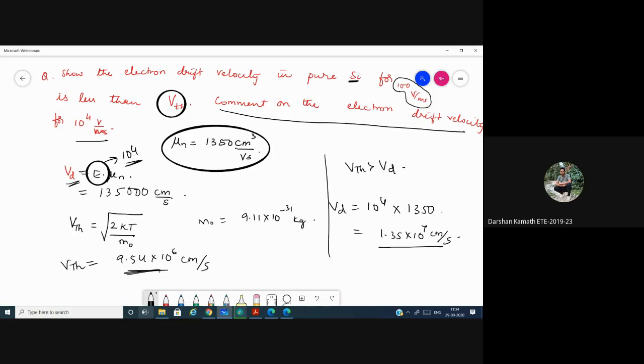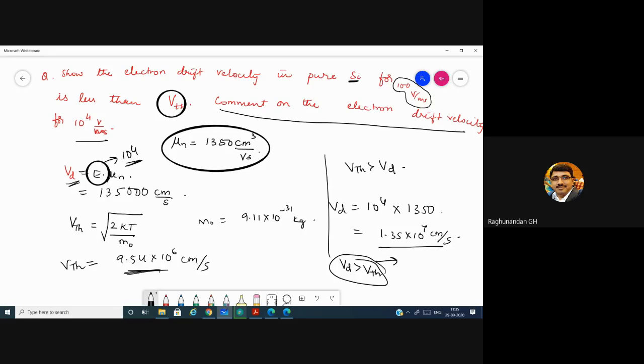VD will be greater than VTH. So whenever this state occurs, we are going to tell that the device is in velocity saturation.